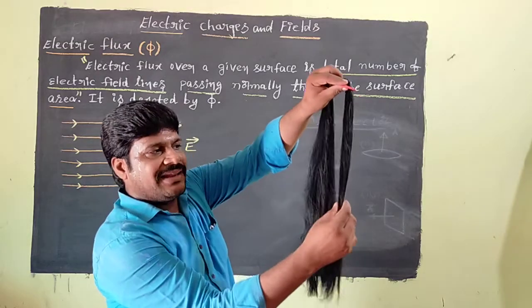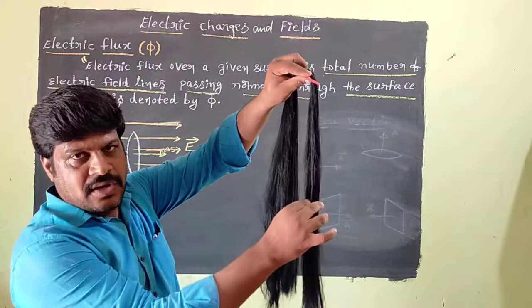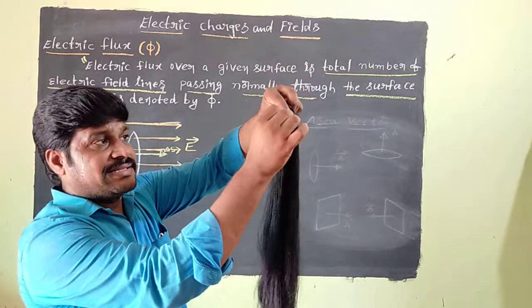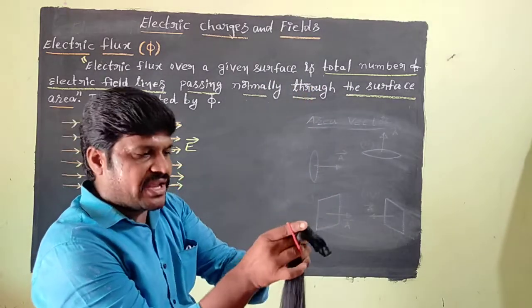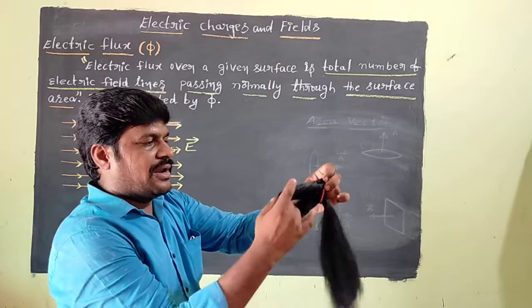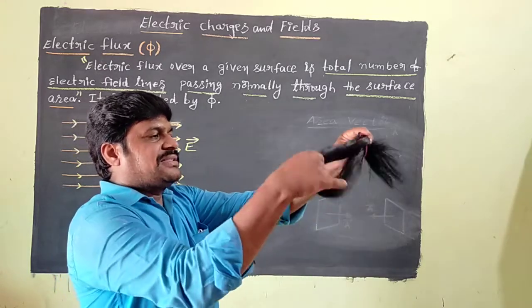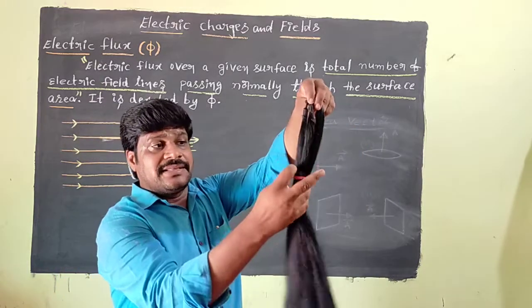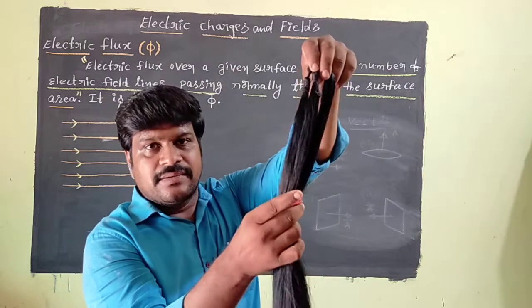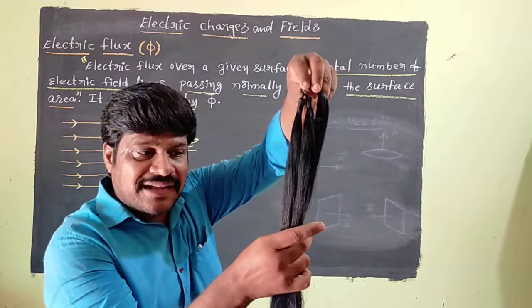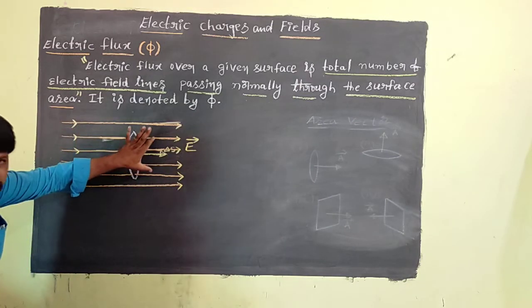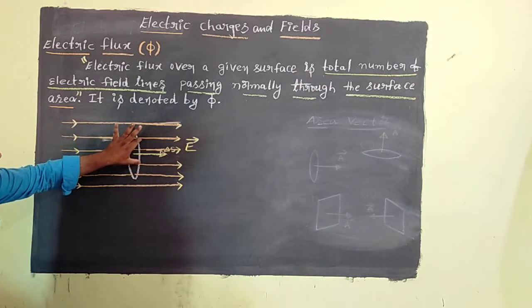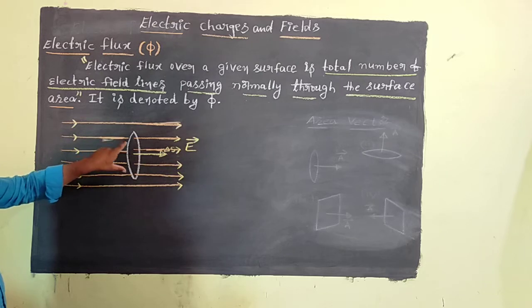In this case, fewer hairs are passing here, so we can consider the flux is less. Suppose the total hairs are passing through the rubber band like this, in that case what can we tell? Flux is more. When more electric field lines are passing through the surface area, we can tell flux is more.